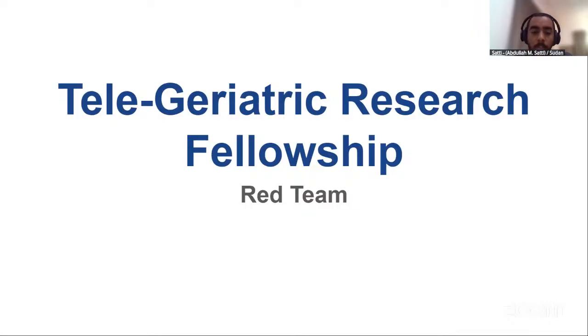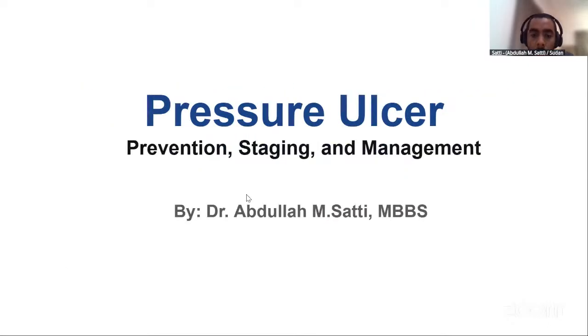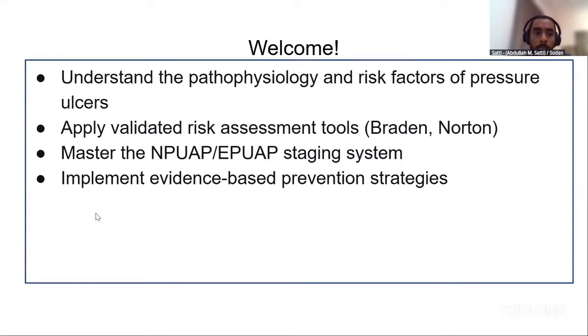So moving forward to the next topic from the red team, we would be talking about pressure ulcers, and we would also be navigating through prevention of pressure ulcers, staging and management. As a starter, this slide contains the objectives of the session, which is first to understand the pathophysiology and risk factors of the pressure ulcer, as well as apply a validated risk assessment tool.